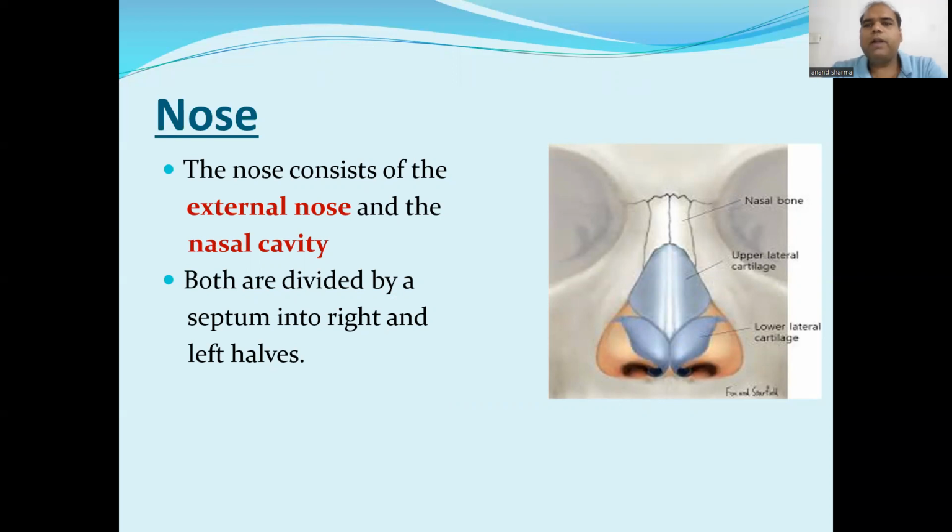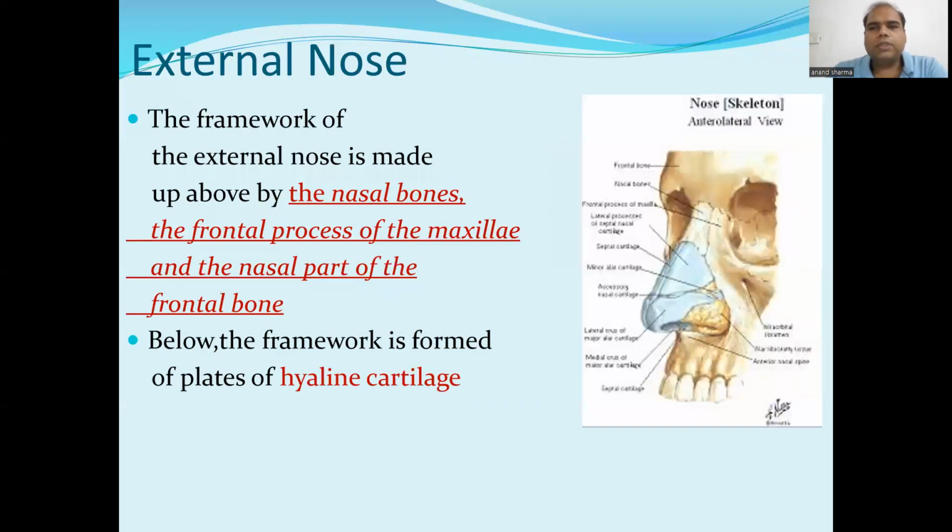The bony part is formed by nasal bone and a process from maxillary bone and a process from frontal bone. After that, some part is formed by cartilage. The cartilaginous part is formed by two cartilages. First is the upper lateral cartilage and the second is the LR cartilage or lower lateral cartilage.